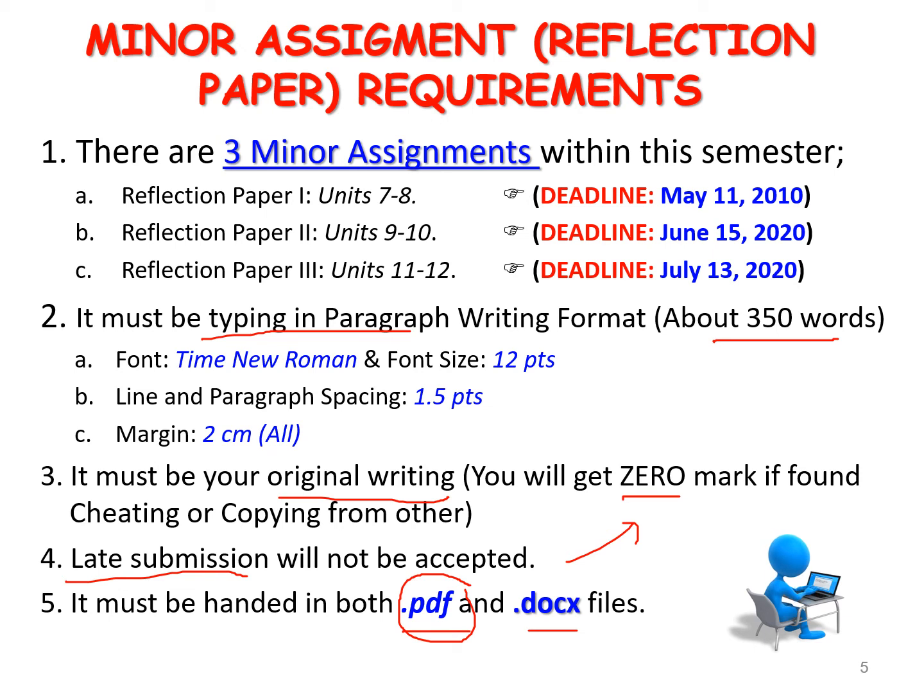Since we are working online, typing in a Word file or PDF file will be much better and easier to work on. And here is the other requirement, so just try to follow this and focus on your original word or original writing. Okay, I need your best, not the perfect that you get from others.